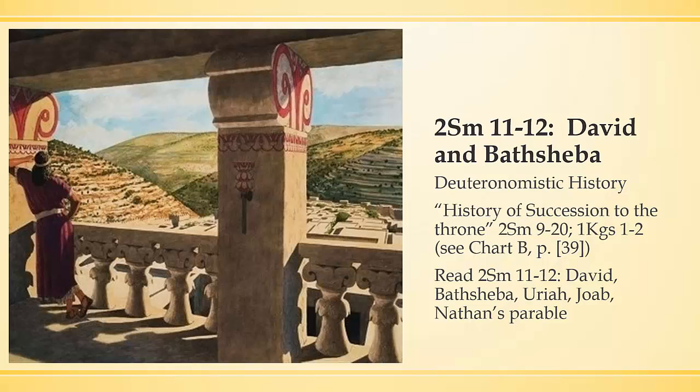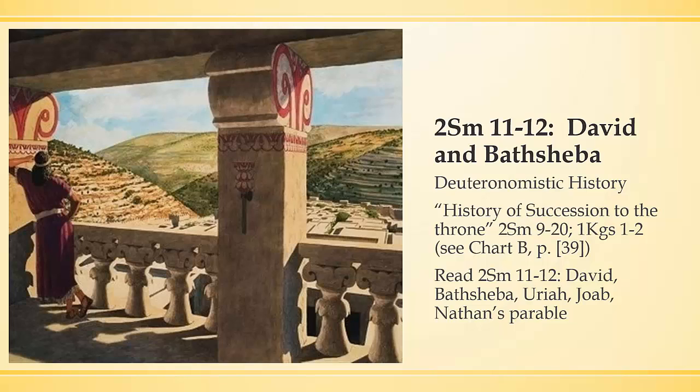That is found in 2 Samuel chapters 9 to 20 and 1 Kings, chapters 1 to 2, mentioned in the second chart, chart B, on page 39 in brackets. You'll see a reference to the history of succession to the throne.